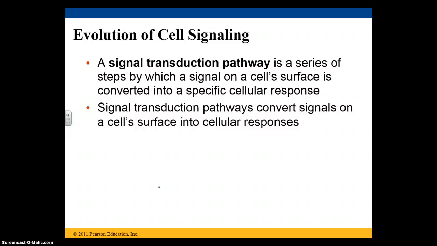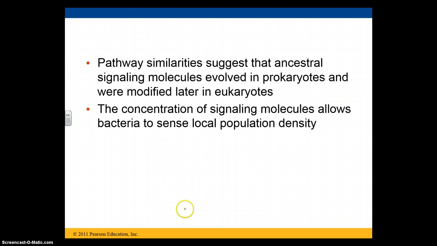So what this pathway does is it takes a molecule outside the cell and basically turns it into a message, and then the cell will respond from that. There are similarities between pathways that suggest that these signaling molecules evolved in prokaryotes and then later on were modified in eukaryotes, which is kind of a hint at the evolution of life on Earth again.